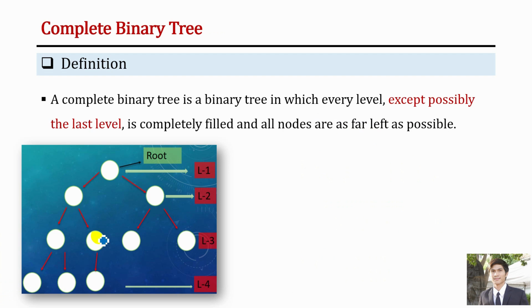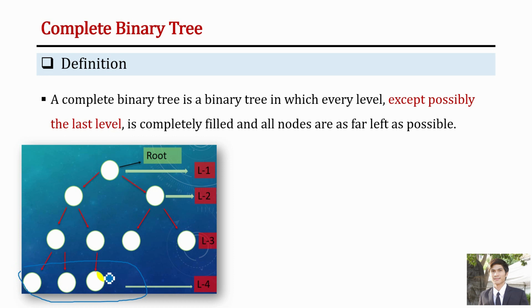And the complete binary tree is a kind of binary tree in which every level except the last is completely filled and all nodes are as far left as possible. So what this means is that except the last level, as far left as possible, it must be completely filled.